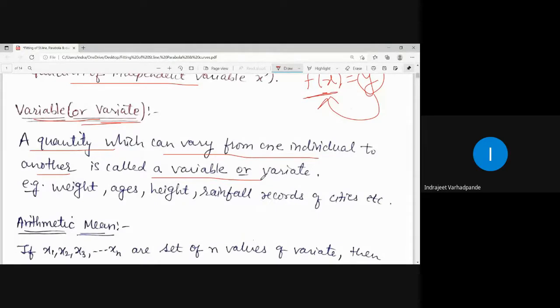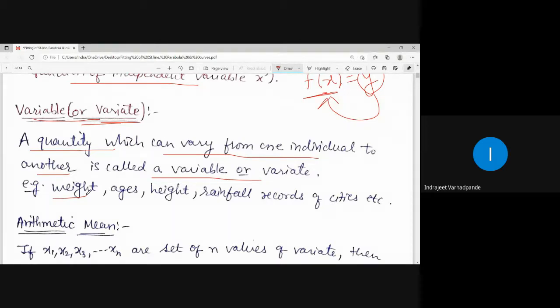But as a variable, if I'm taking it as x, in a certain example or problem, x can be 5. In another example, x can come as minus 2 by 3. So it is never fixed. It can vary from one individual to another, from situation to situation, or from one example to another. Suppose the weight of a person or any object is always variable.